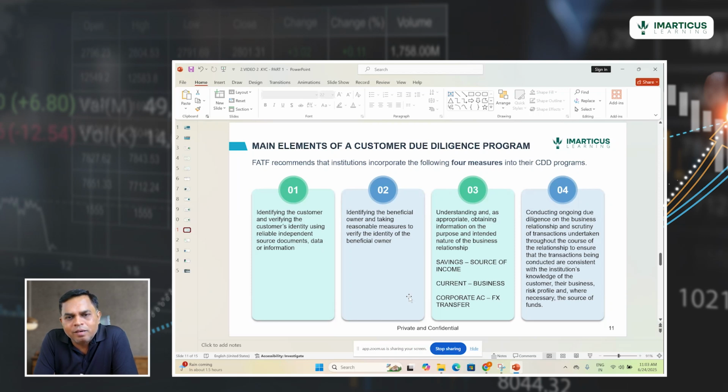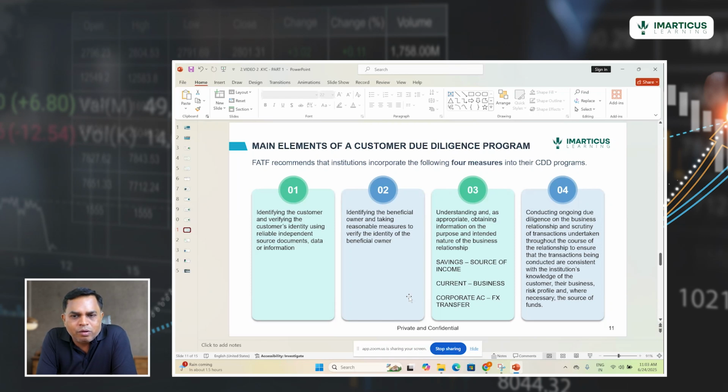If it's a company or any other organization, it will be a current account, operated for business purposes. A corporate account normally requires FX transactions. So the KYC analysts have to understand the nature of the relationship, and the due diligence has to be performed accordingly. So this is the third element.